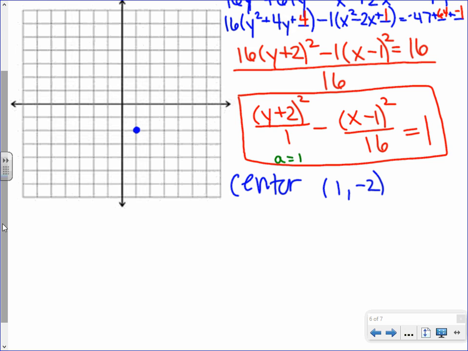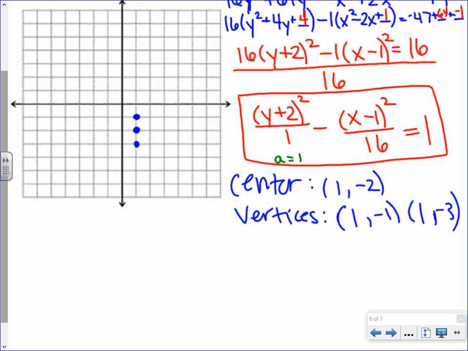So, since it's vertical, we will move up 1 and down 1 for our vertices. What is our b value? Our b value is 4.